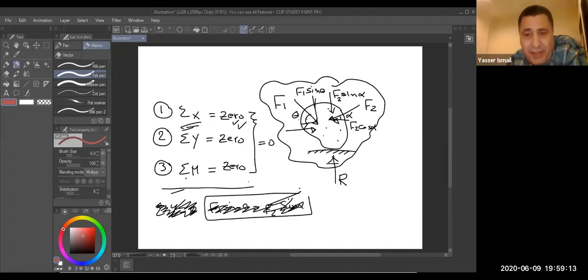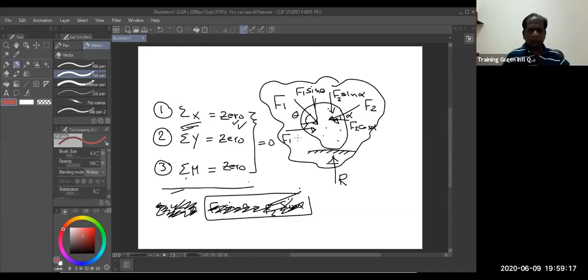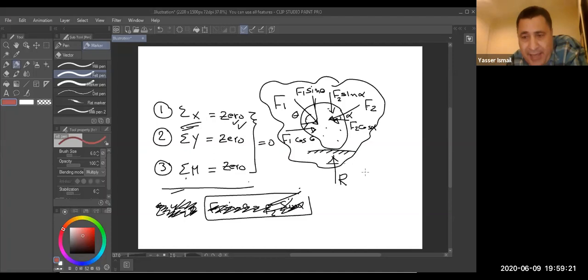I will make it in x direction first. F1 cosine theta. Sigma x equal 0 means F1 cosine theta should be equal to F2 cosine alpha. This is the first equation.